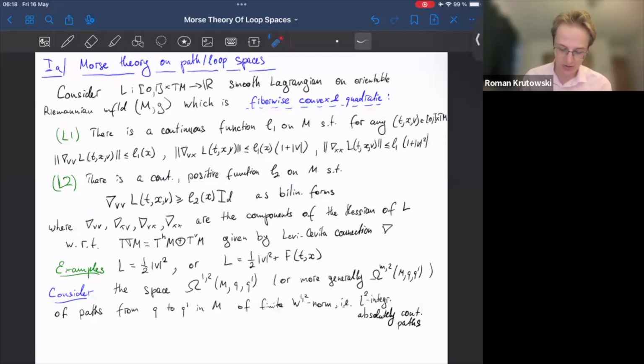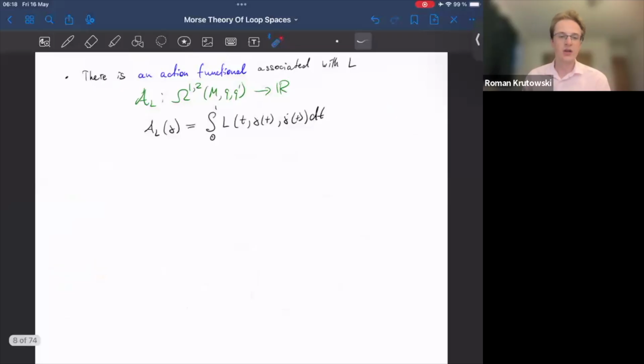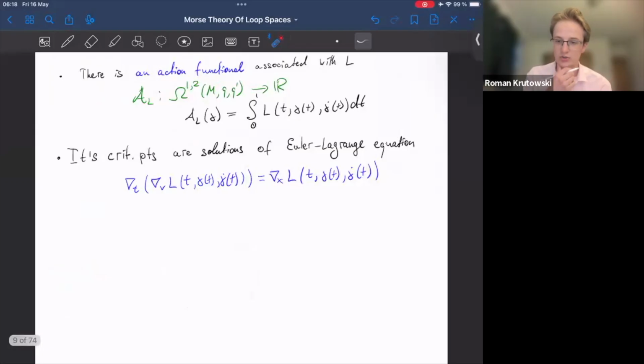And then we consider the space of just paths between two fixed points Q and Q prime on M, or more generally, the space of W^{1,2} Sobolev paths. And this space is just the space of L2 integrable paths, which are absolutely continuous. This space has an action functional associated with L, which is given by this familiar integral, with which we usually associate the Euler-Lagrange equation.